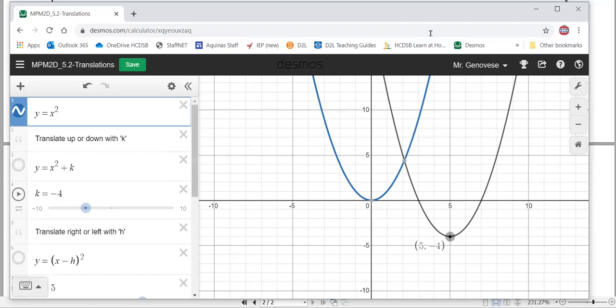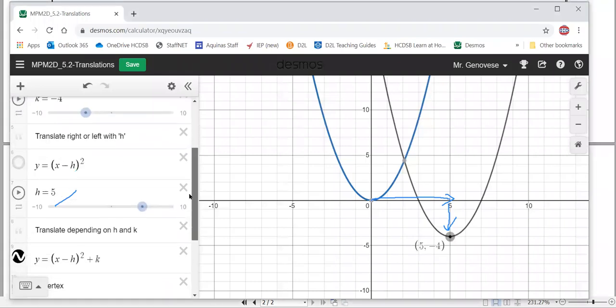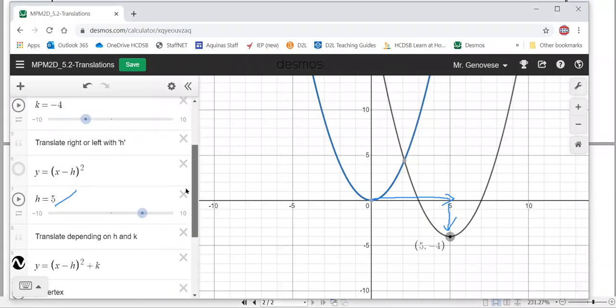So the graph has translated 5 to the right and 4 down. 4 down because the k value is negative, and the h value is positive 5.